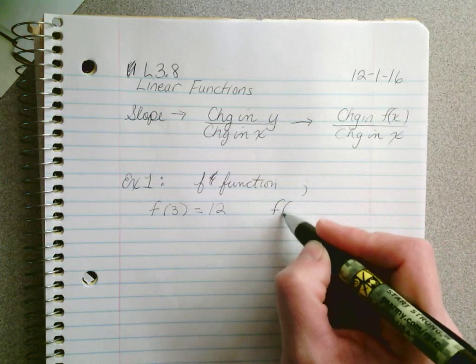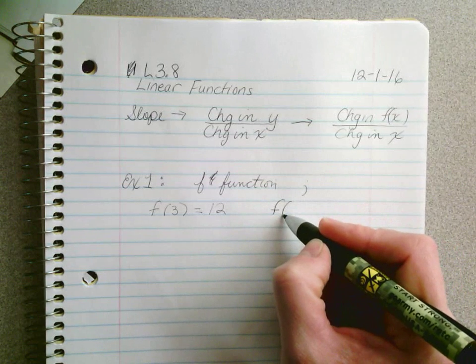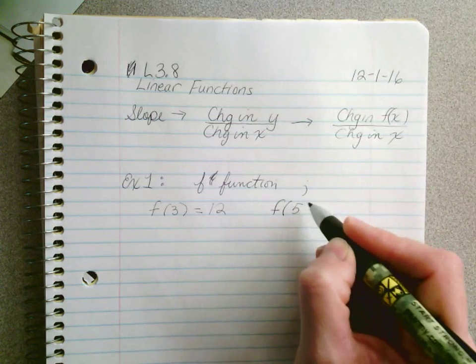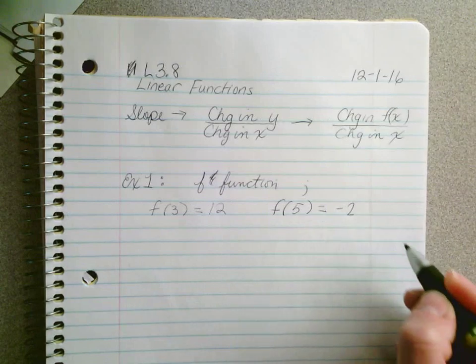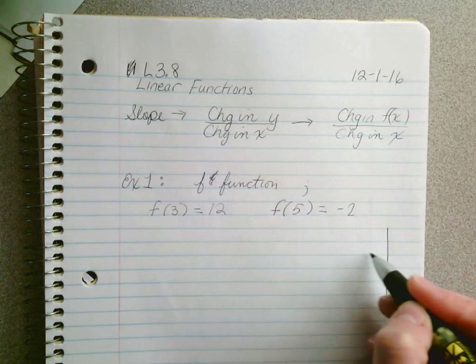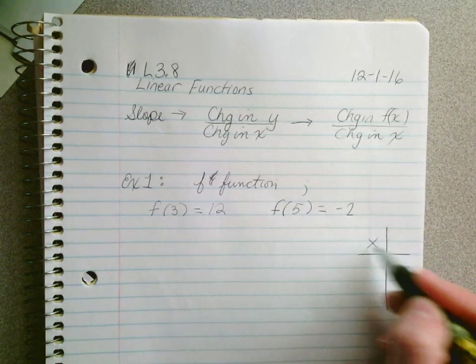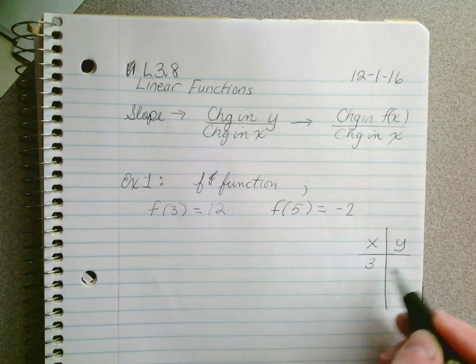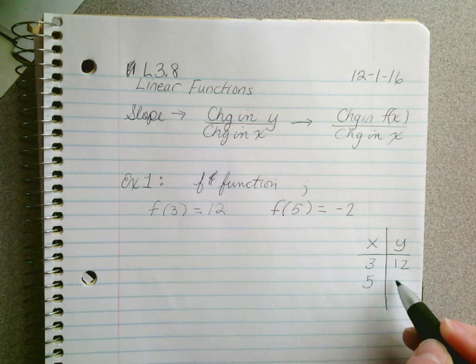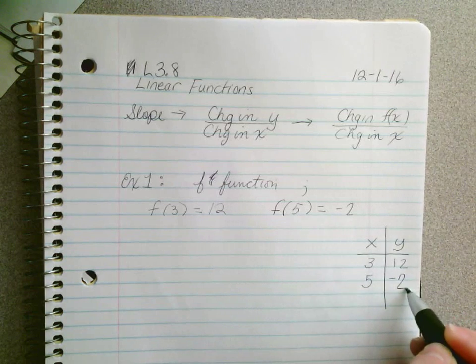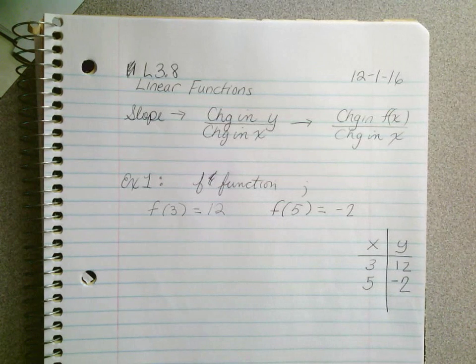The f value when you input a 5 is -2. To translate that into x's and y's, it would look like this.